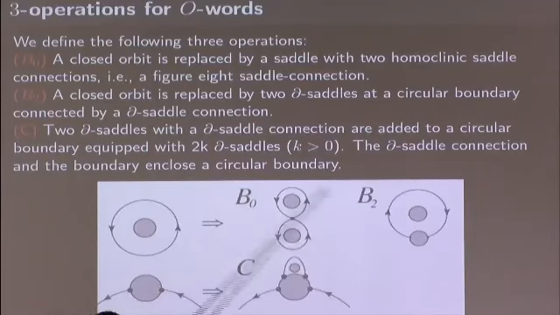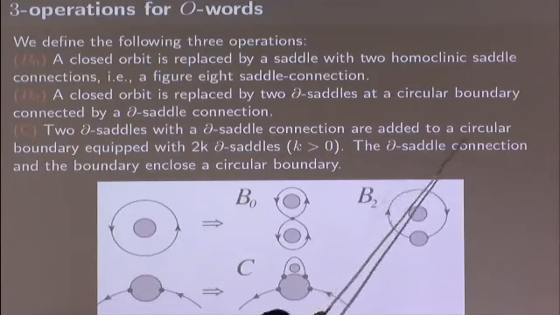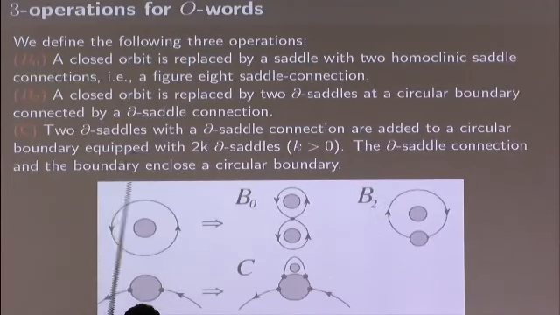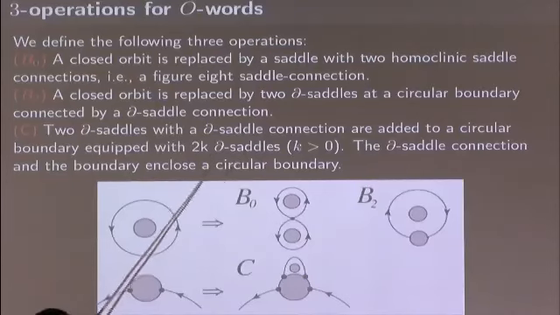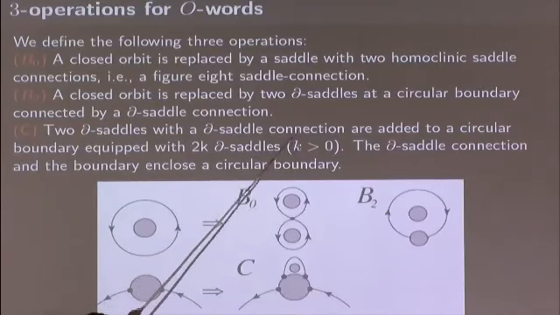B2 is replacing the closed orbit with the boundary saddle connection. And C looks like B2, but a little bit different. So C is a boundary saddle connection added to the circular boundary equipped with 2K boundary saddles.